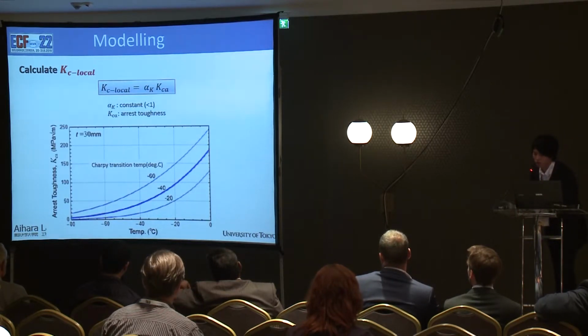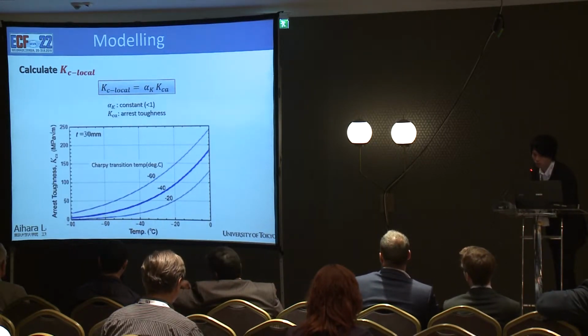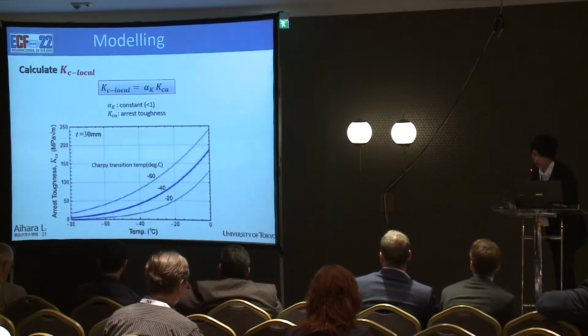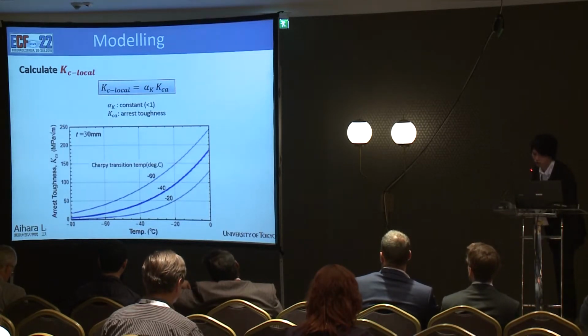Here is the equation calculating Kc local. Alpha K is a constant. KCA toughness is calculated by the experimental formula using the Charpy impact test absorbed energy transition temperature. This graph shows the distribution of KCA corresponding to the change of temperature.